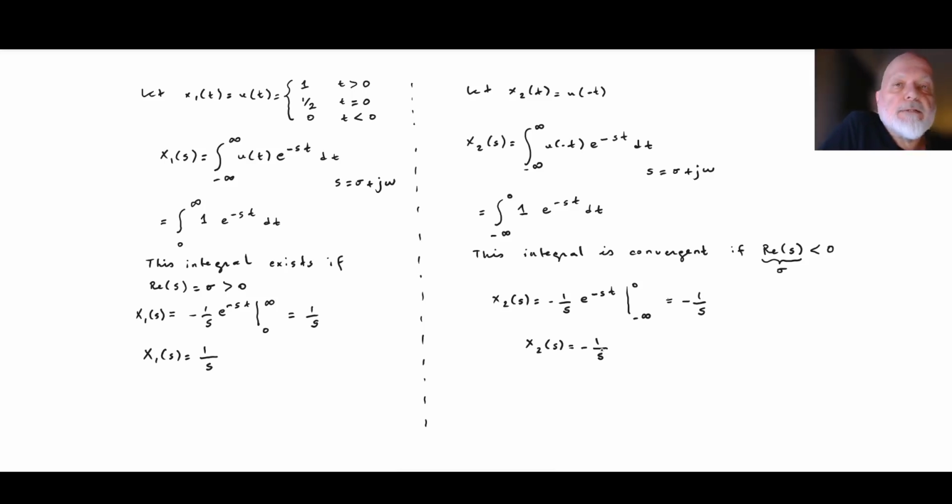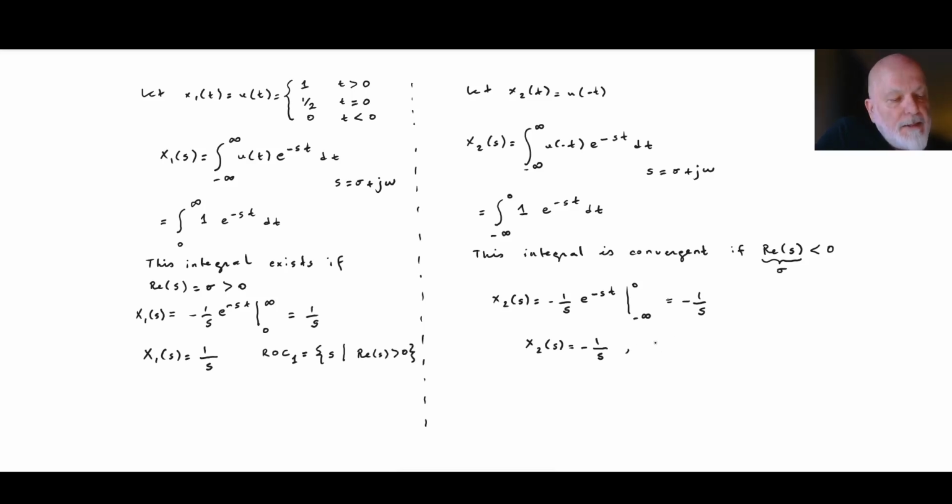However, in the Laplace transform, remember, the region of convergence must also be specified. That means the subset of the S-plane over which the Laplace transform exists. So here our region of convergence for x1 of S, let us call it ROC1, is all those S such that the real part of S or sigma is greater than 0.